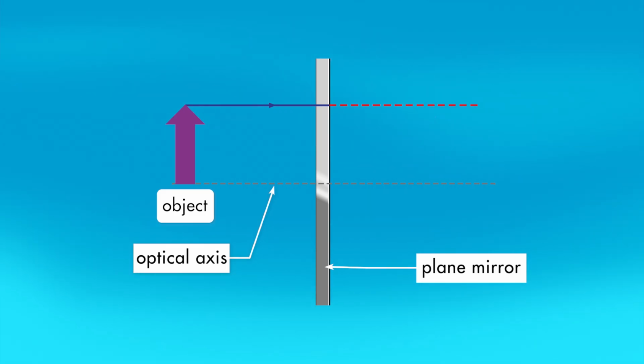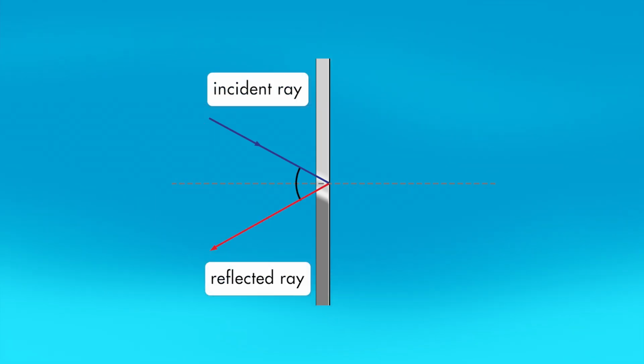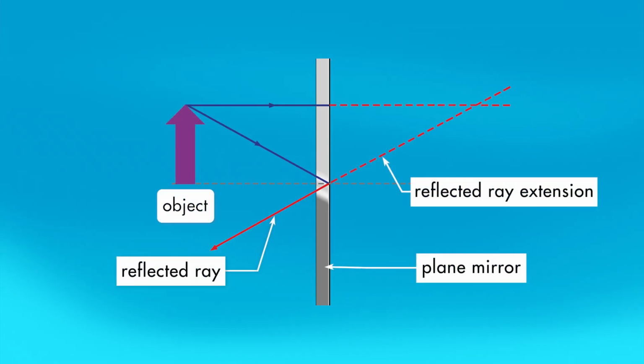For the second incident ray, we draw a line from the top of the object to the point where the optical axis meets the mirror. This incident ray strikes the mirror at an angle of 32 degrees, so it will reflect from the mirror at the same angle, 32 degrees. Next, we add an extension to the reflected ray that follows the same path as the reflected ray, but behind the mirror.